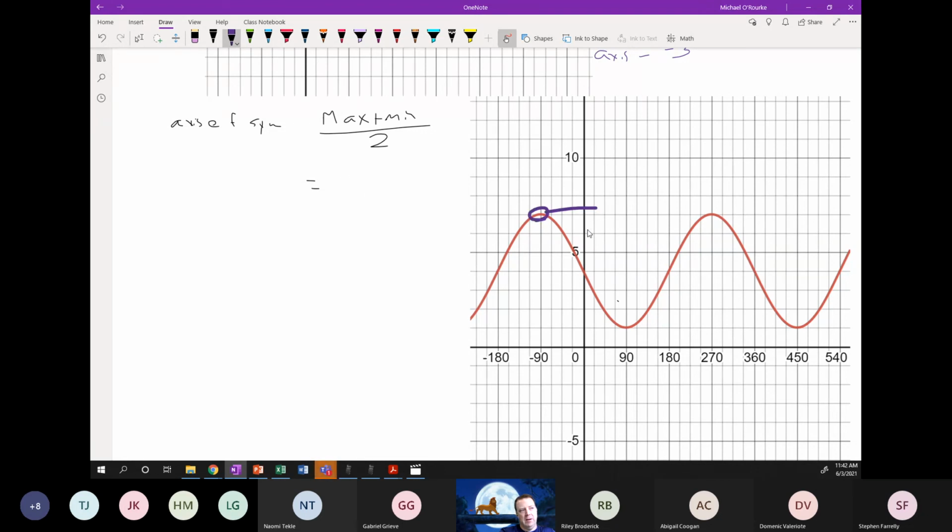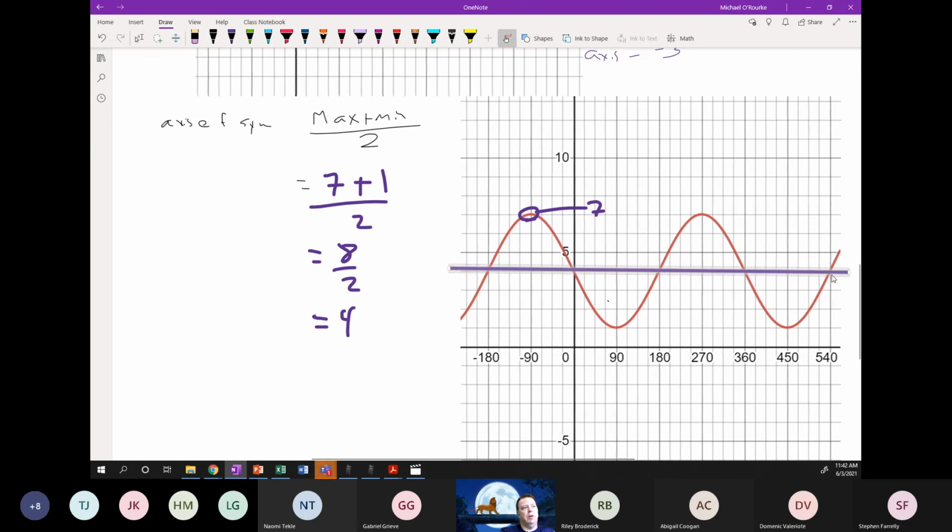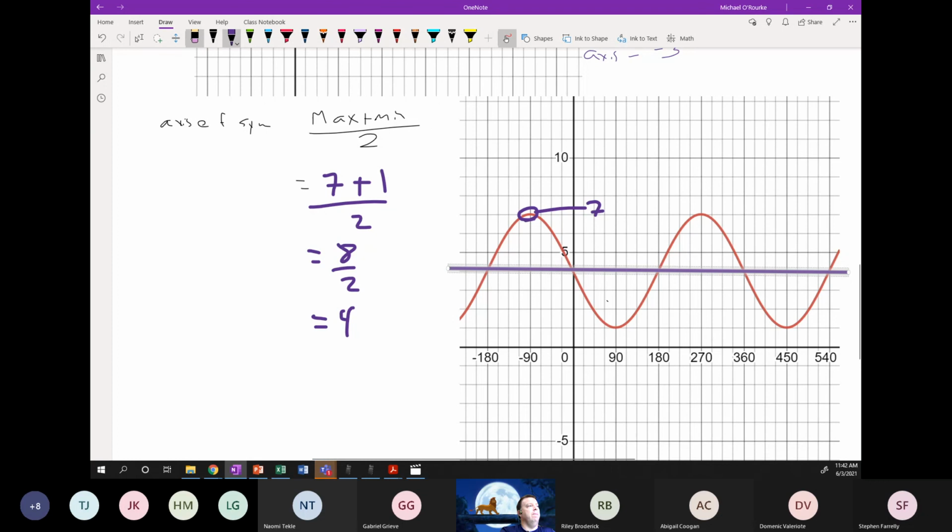So we're at 7 here. 7 plus 1 divided by 2 equals 8 divided by 2, which equals 4. Perfect. So if we put in a line right across 4, we're good. Okay. I erase this up here. So this gives us where to look from now.